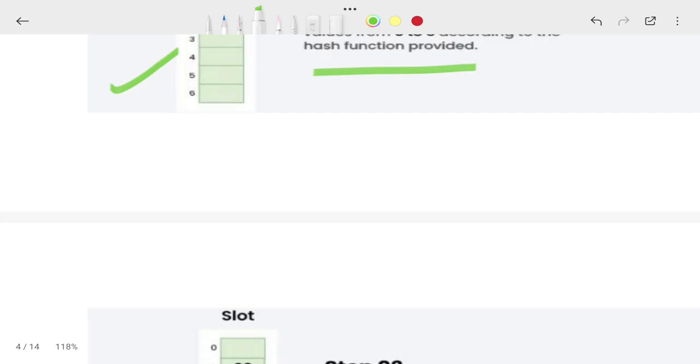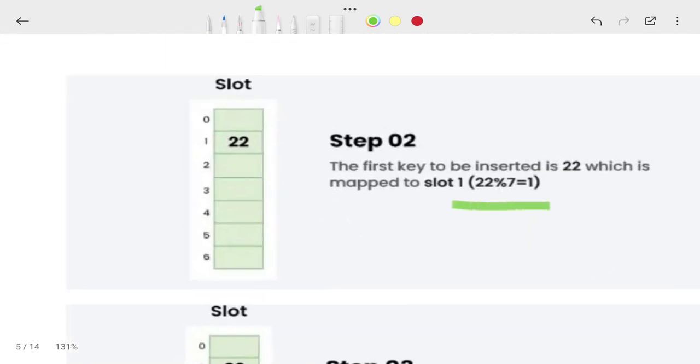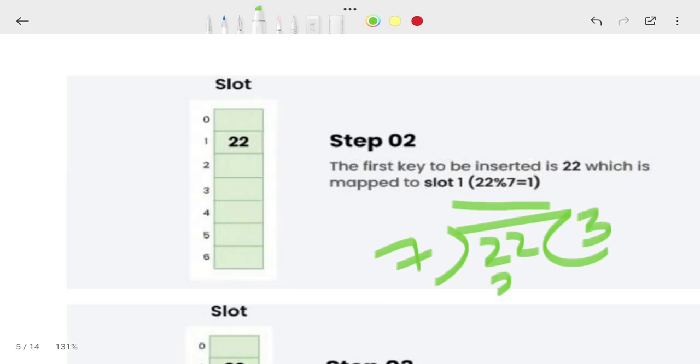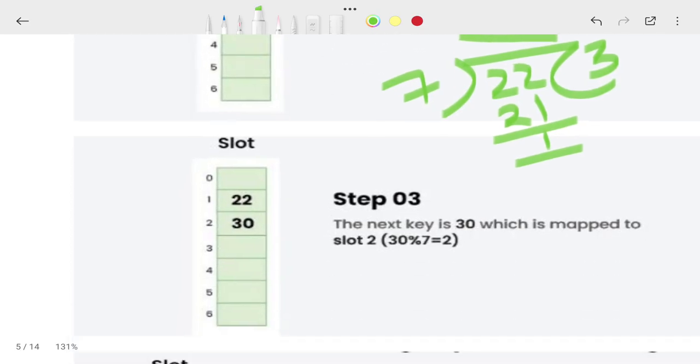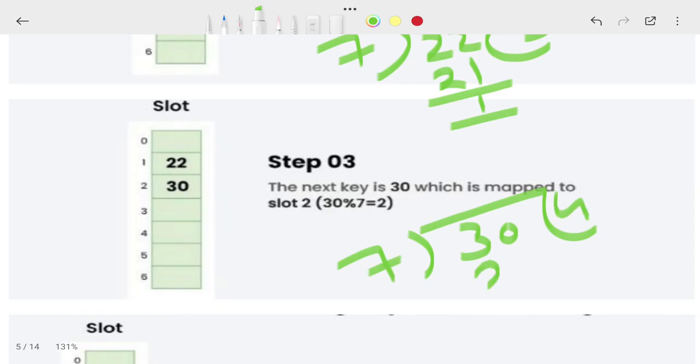At first I will divide 22 by 7. 7 times 1 is 7, 7 times 2 is 14, 7 times 3 is 21. So my remainder is 1. So at 1 I will place 22. Done. Now my next key is 30. 30 I will divide by 7. 7 times 2 is 14, 7 times 3 is 21, 7 times 4 is 28.